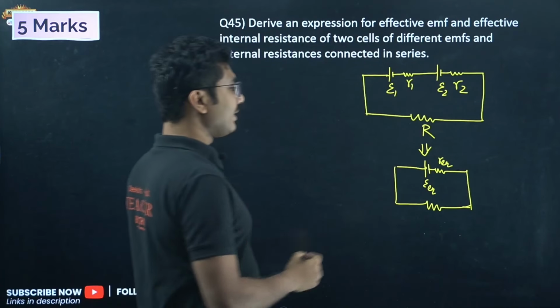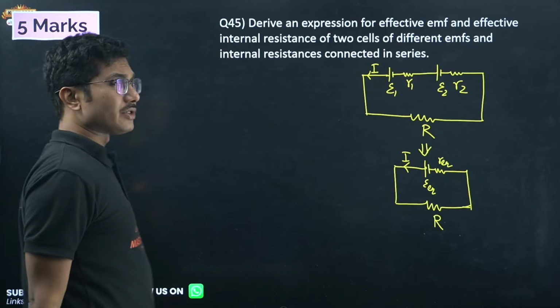Now what is the meaning of this equivalent circuit? That means if the current in the circuit was I, the same current will be there in the circuit as of now. As I mentioned, in series combination current remains constant. In parallel combination, voltage remains constant. Here the current is constant, so the same current is flowing through all the components. So we will simply apply Kirchhoff's laws.